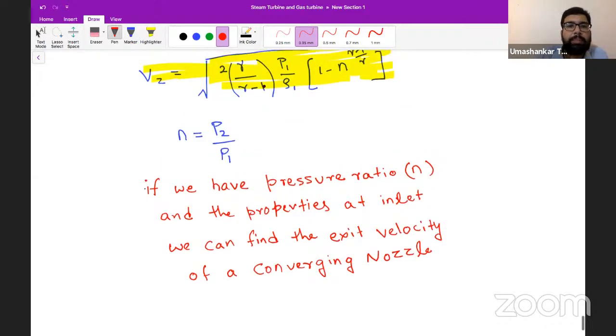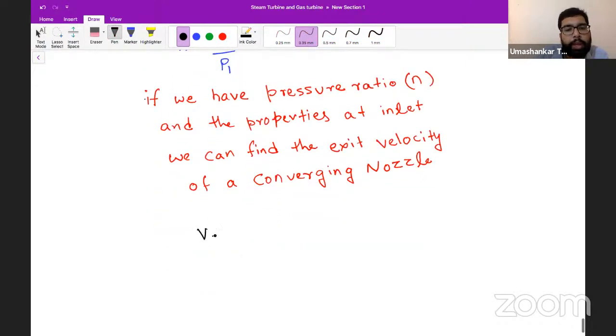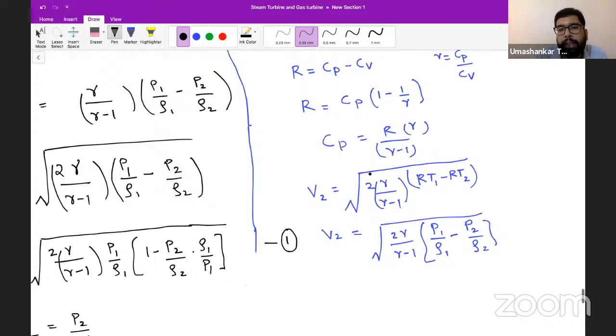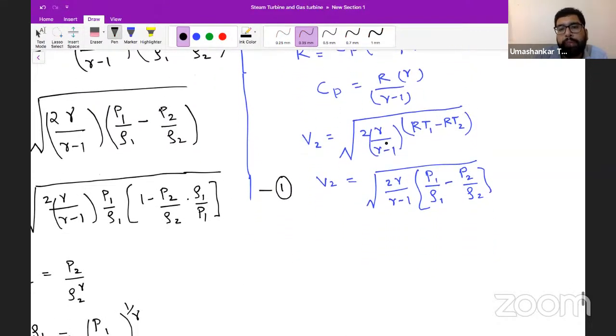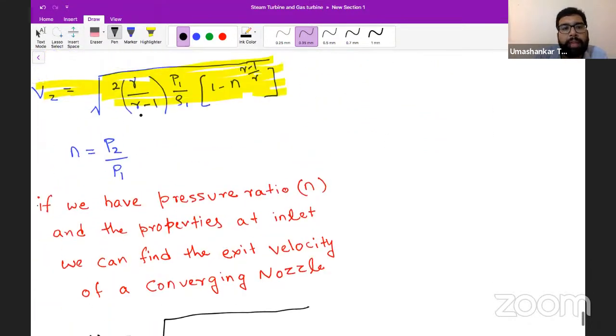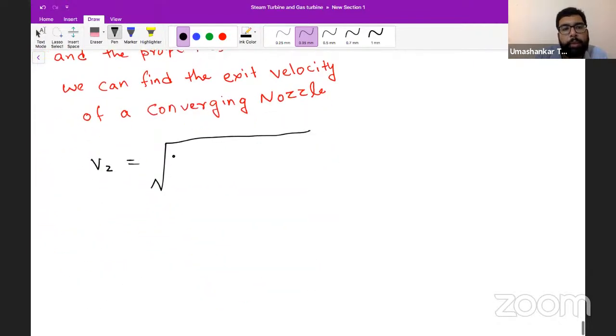We can write this same relation in terms of temperature also. V2 is equal to under root 2 times gamma upon gamma minus 1, times P1 rho 1, times 1 minus n to the power gamma minus 1 by gamma.